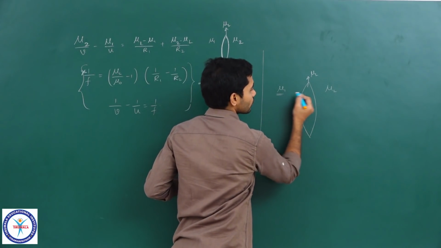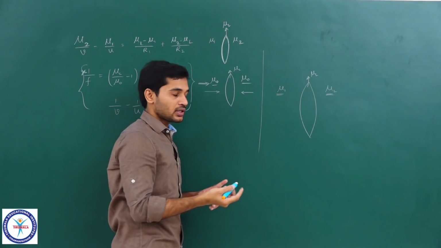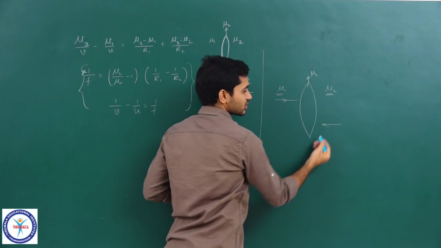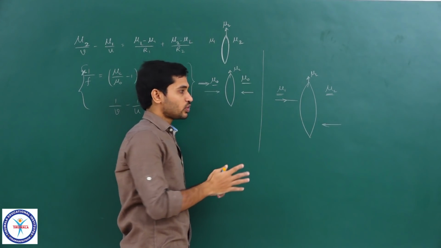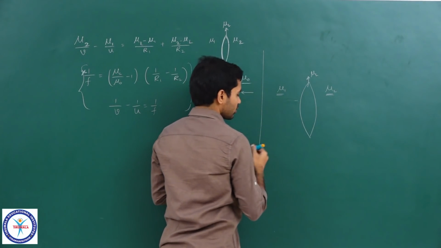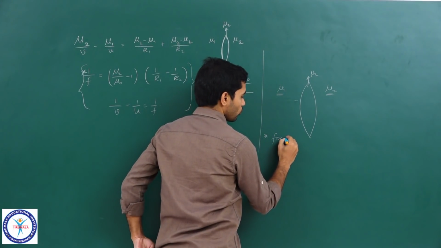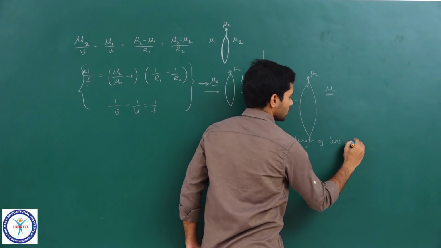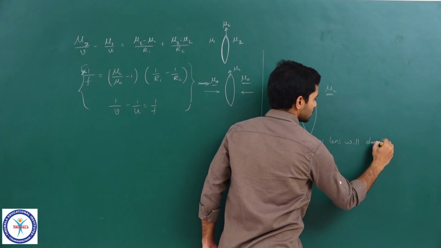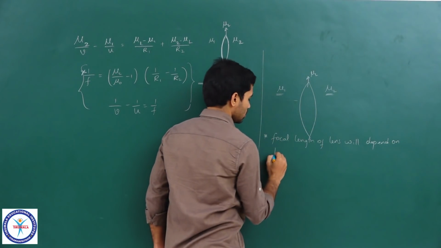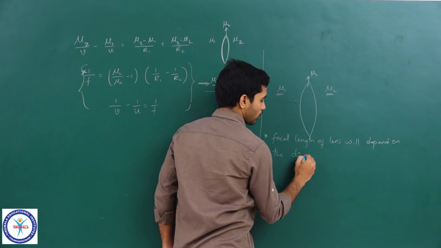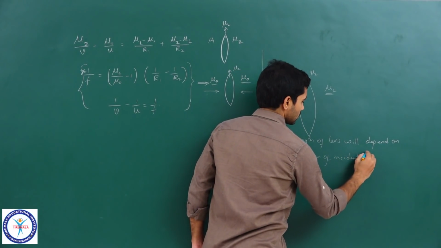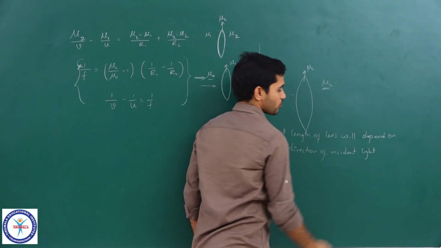But if the medium on either side is different, then light coming from this direction and light coming from this direction will have a different nature, which means, let me write it down as a statement here: focal length of lens will depend on the direction of incident light, clear.